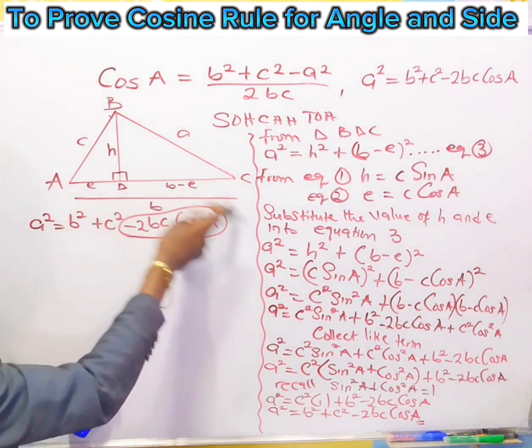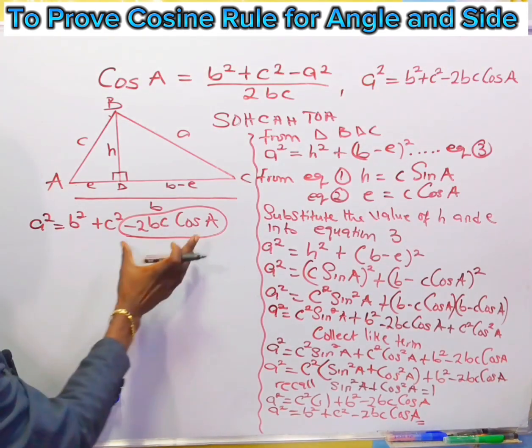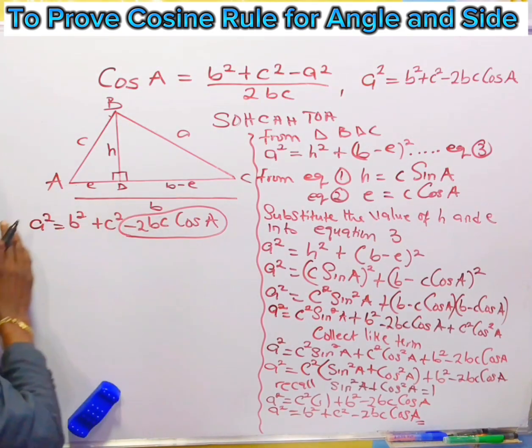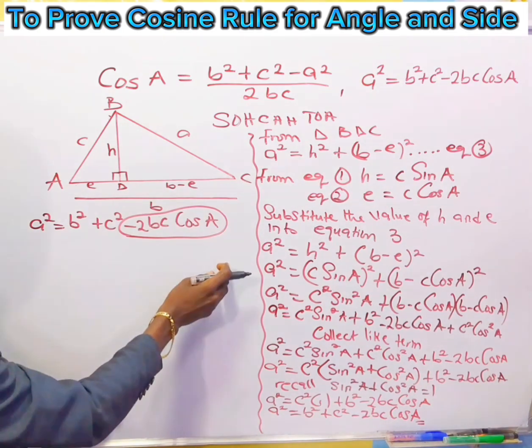Then we'll also move A squared to the other side, which means negative 2bc cos A will move to the left-hand side. Now A squared will move to the right-hand side.